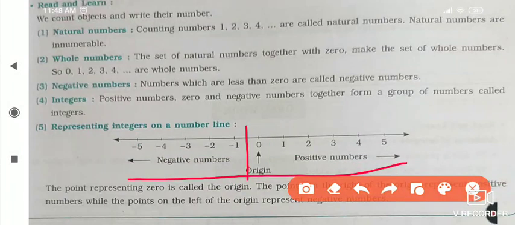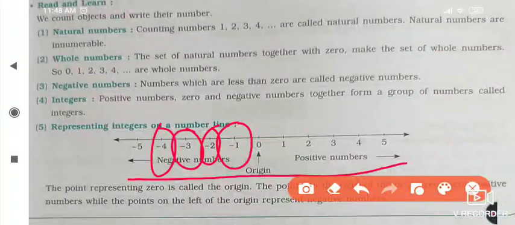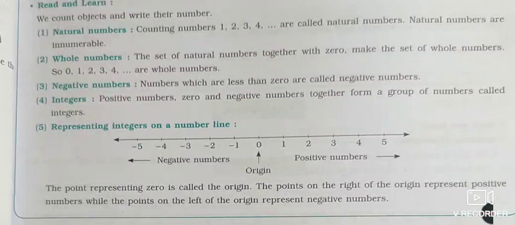The negative numbers are written with the negative sign: -1, -2, -3, -4. They are also innumerable, there is no end for the negative numbers.